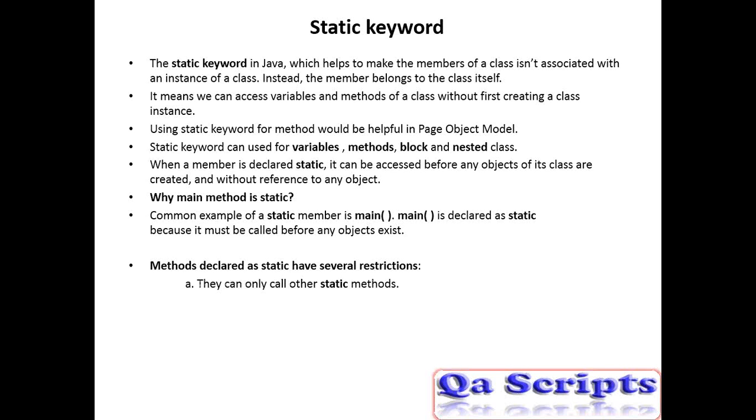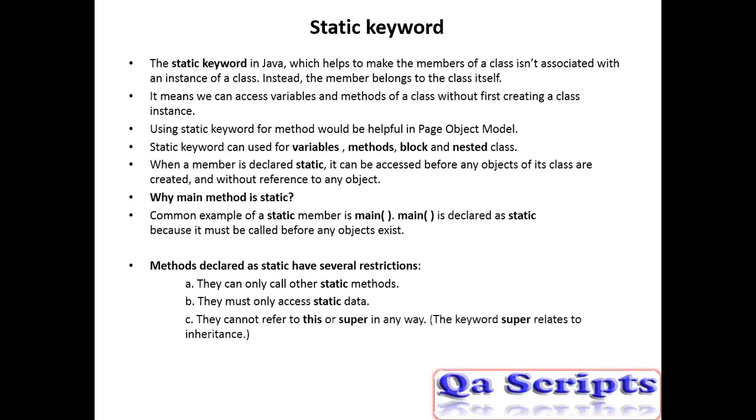In the sense, if you use the static keyword for a method or a variable, you can call those members using the class name. Without that, you cannot call it. They must only access static data. They cannot refer to this or super in any way. The keyword super relates to inheritance.